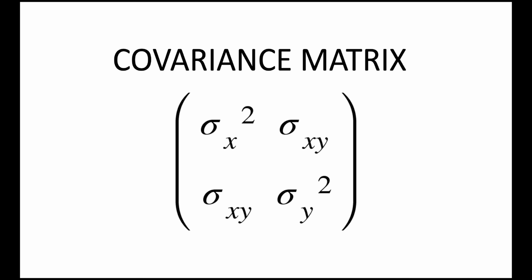And this measure can be collected in a mathematical object that we call a matrix, in this case the covariance matrix, where in the main diagonal we have the individual variance of each variable, while off the diagonal we have the covariances between them. But to keep digging into it, we first need to explain a little bit of matrix theory. So let's go for that.